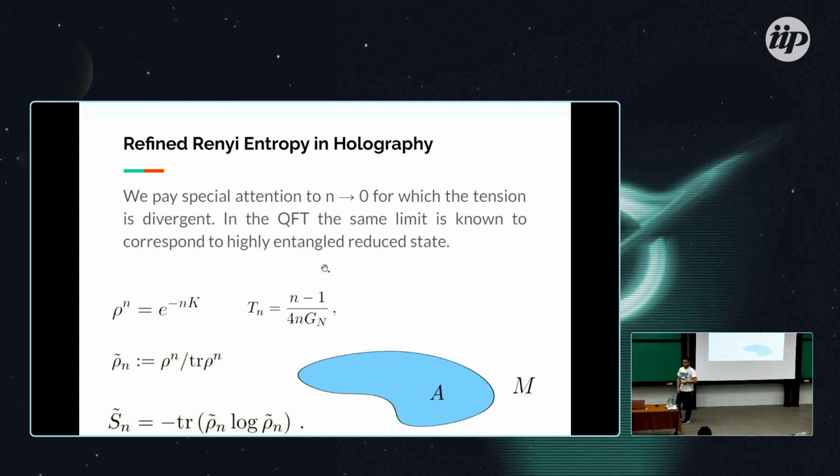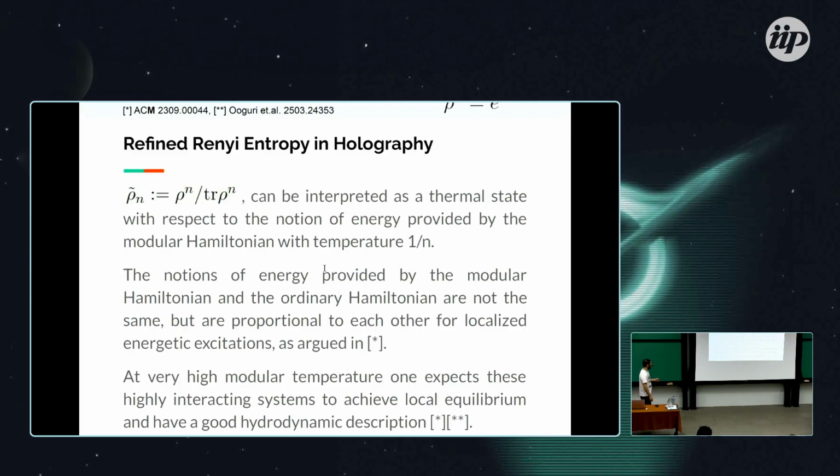The interpretation I will give to this reduced density, this refined Renyi entropy, is not in terms of this replicated manifold of the CFT in the boundary. If you grab the definition that I gave and write it in terms of this new state, you can see that you can alternatively put the problem of refined Renyi entropy in terms of a von Neumann entropy of this state reduced to the density matrix A. And this is the point of view that I will take in this talk, rather than a replicated boundary manifold.